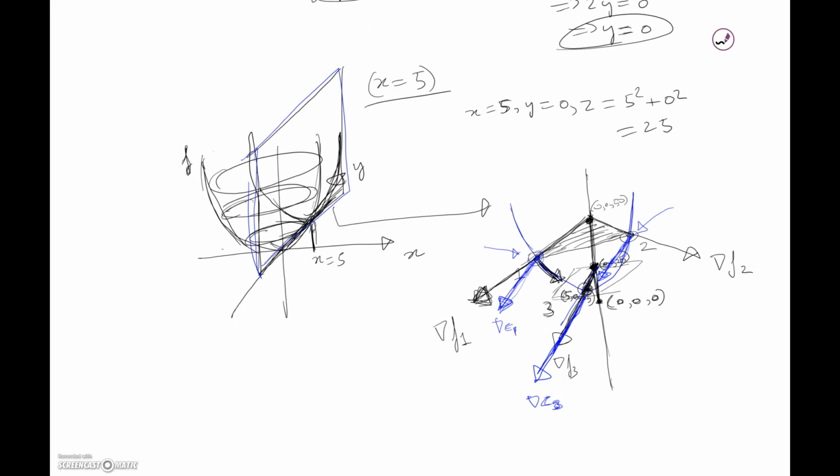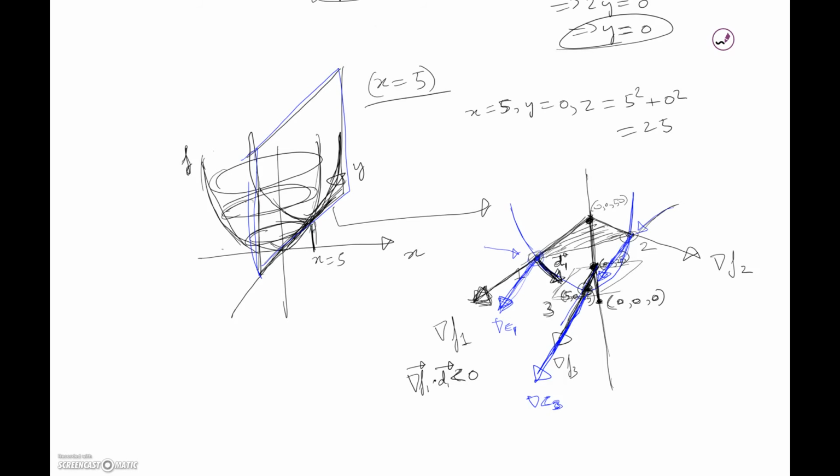And in general, if we move in a general direction along this plane, we are not necessarily perpendicular to del f1. In fact, what happens at point 1 is that, if we call the direction along the tangent to the parabola d1, then del f1 dot d1 is less than 0.